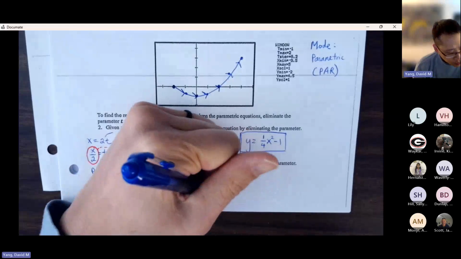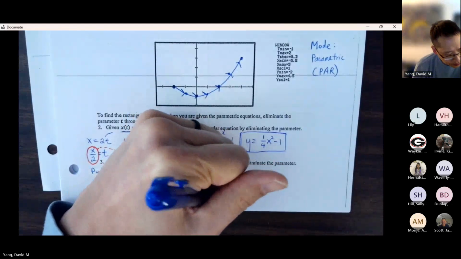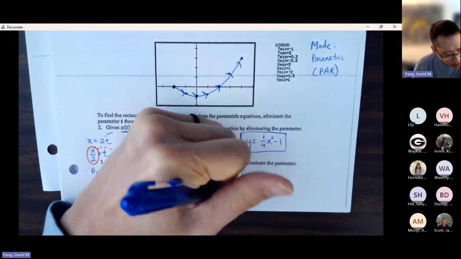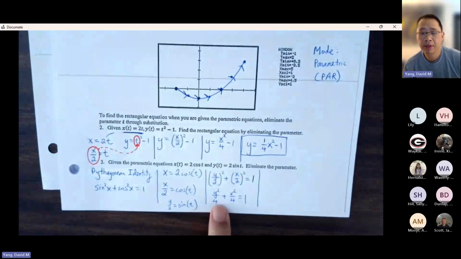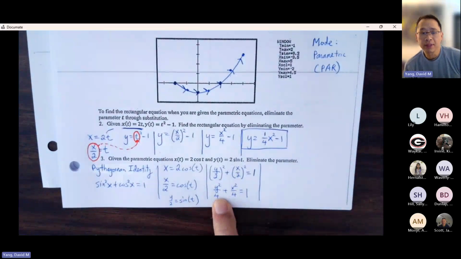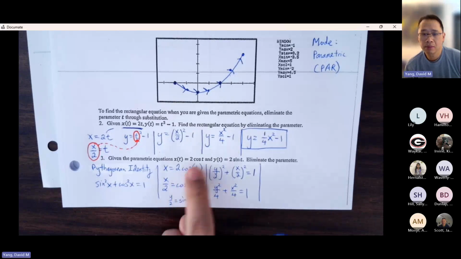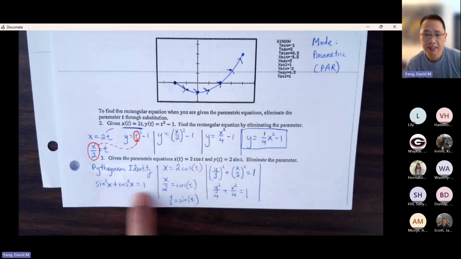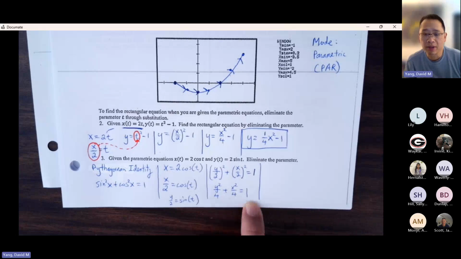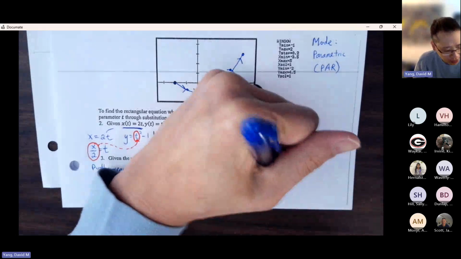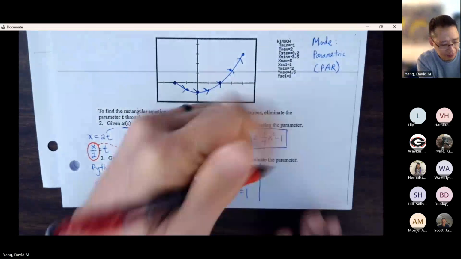So I get y squared over 4 plus x squared over 4 is equal to 1. We've eliminated the parameter. We've gotten rid of the t's by replacing sine and cosine in terms of x and y. So now if I multiply everything through by 4, we should be able to recognize this equation here.